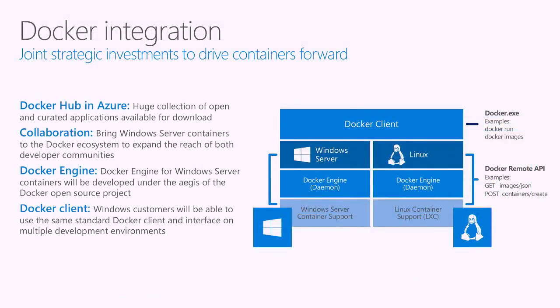So despite the differences in the kernel and the inability to swap Linux and Windows containers across Linux and Windows hosts, you do have a lot of consistency in how you're going to manage containers. Regardless of whether it is a Linux container or a Windows container, as a developer or an operator, I still use the same Docker client, so docker.exe on Windows, so I can still do docker run against any of those hosts using the same tools.